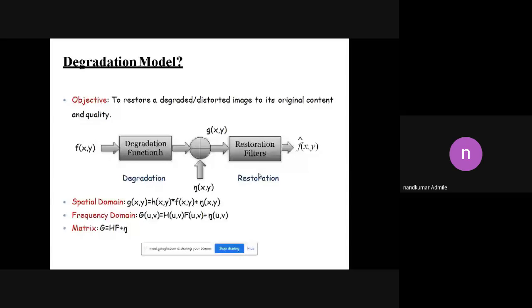Now we have to study how we can restore the image by using the degradation model. In order to use image restoration, we have to use a particular setup.